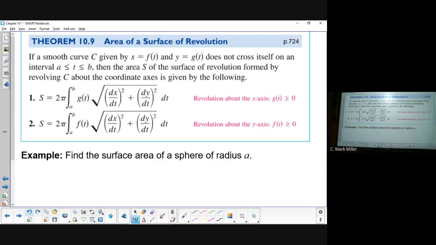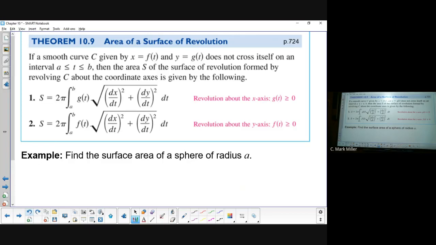Surface area. And this is of a surface of revolution. So you're taking a curve and you're revolving it around one of the axes. Now we did this for, remember disk method and shell method?